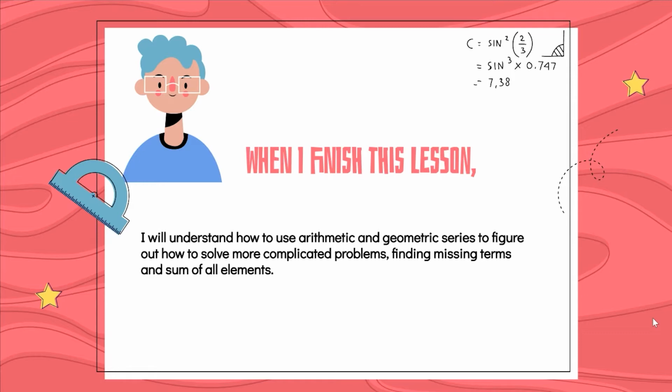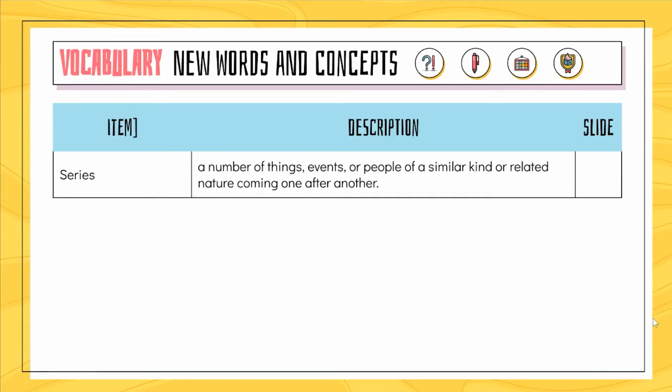When you finish this lesson, you will understand arithmetic and geometric series and arithmetic and geometric sequences. You can watch the last video about sequences and finish it, and you will understand better. And here are the new words.